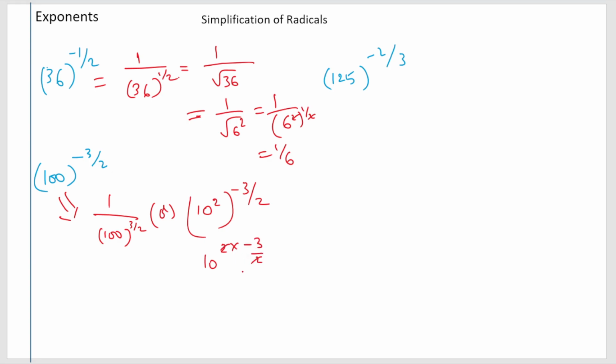This 2 gets cancelled. It is 10^(-3). It is 1/10^3. It is 1/1000.